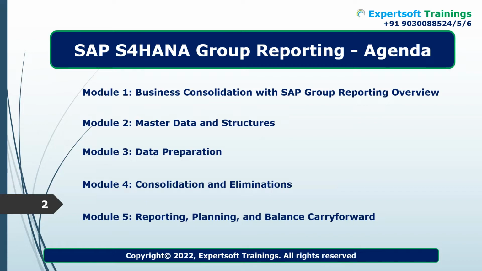Within module 1, we will have one exercise, whereas in each module we will have multiple exercises. Once we start preparing the master data or the transaction data, we see how to execute the various consolidation tasks, starting from module 2 onwards.